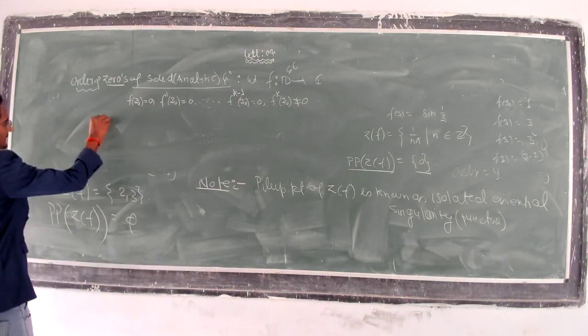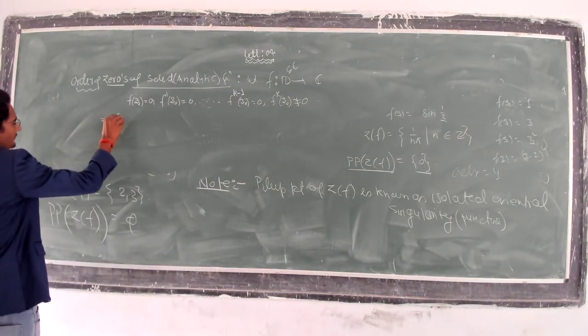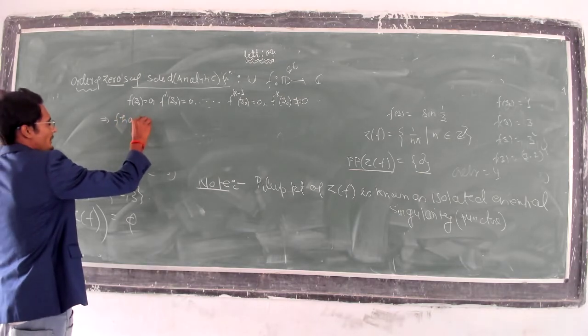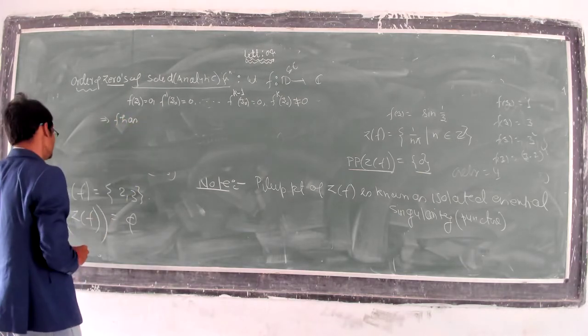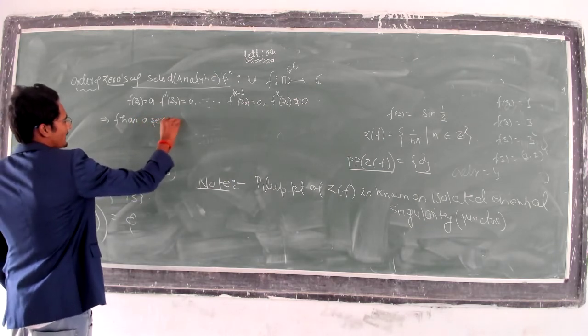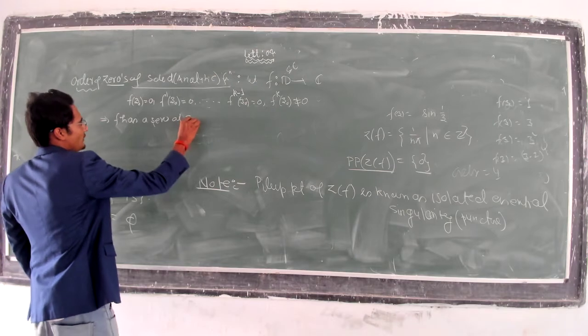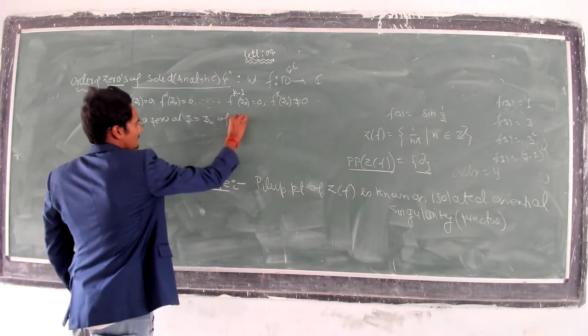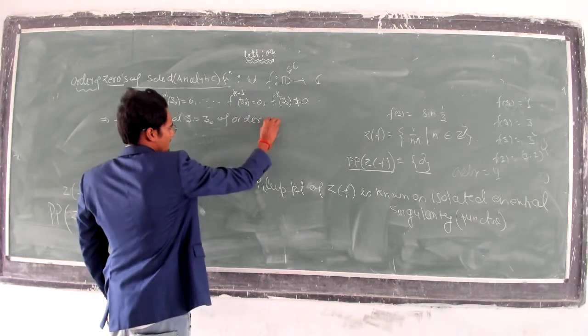This implies that f has a zero at z naught of order k.